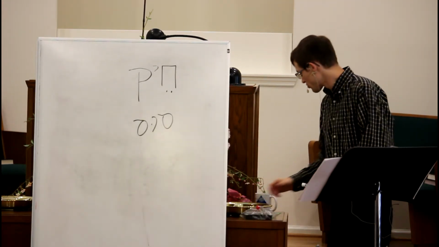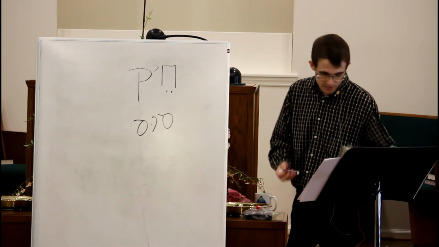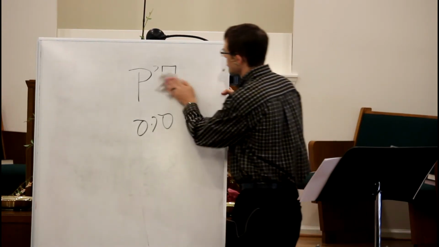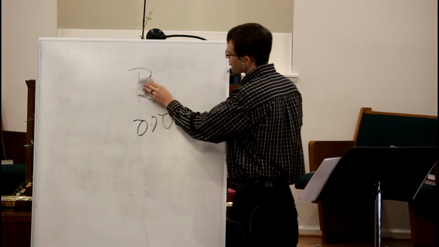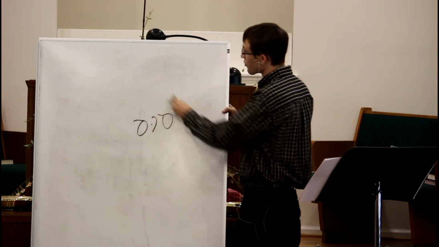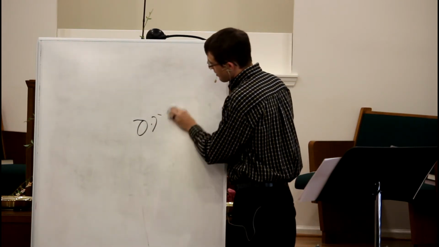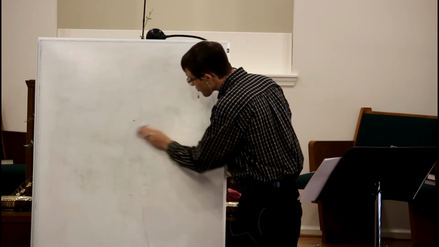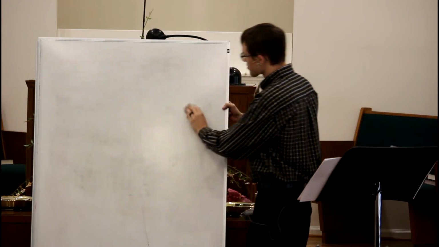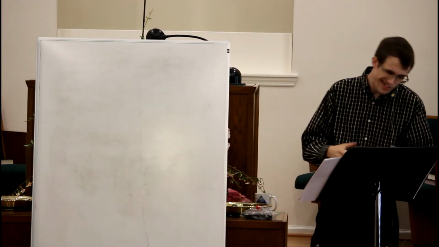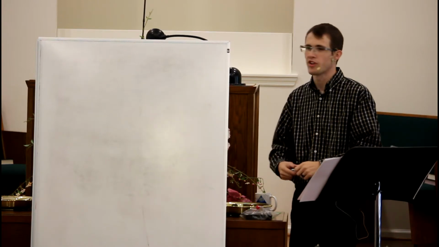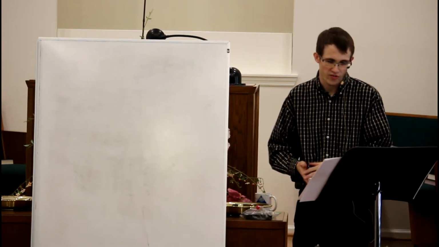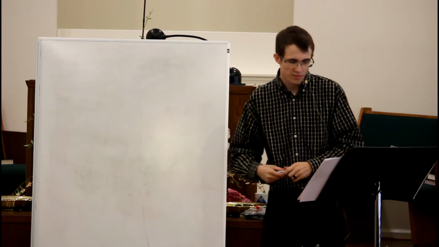So there are some monosyllabic three consonant words. Now, if you want to get really technical, some people would say the shurek's a vowel, not a consonant. Some people would argue that the shurek is a consonant too. It's a vav. I don't really have a horse in that race. If you want to think of the shurek as a vav, that's fine.